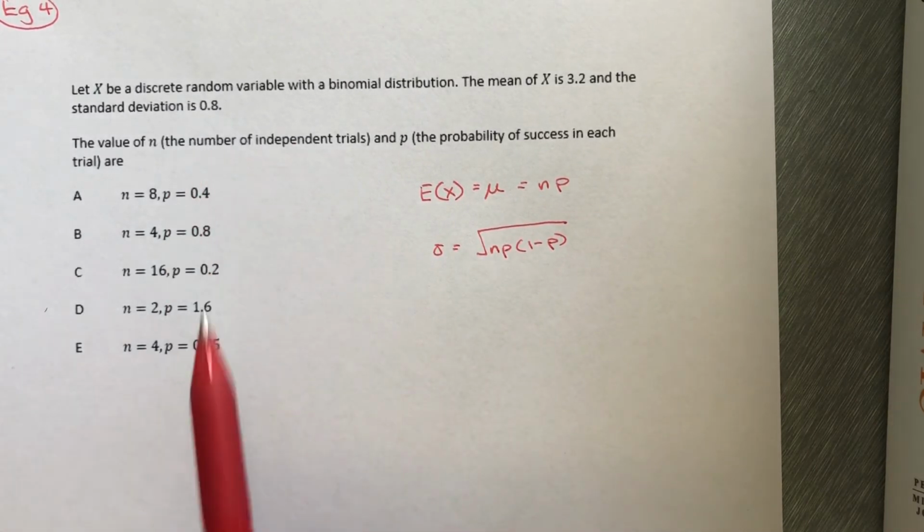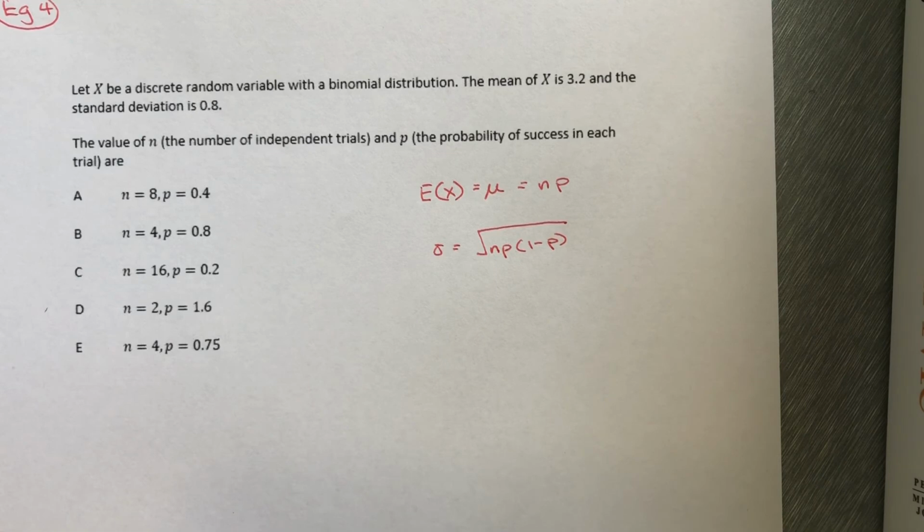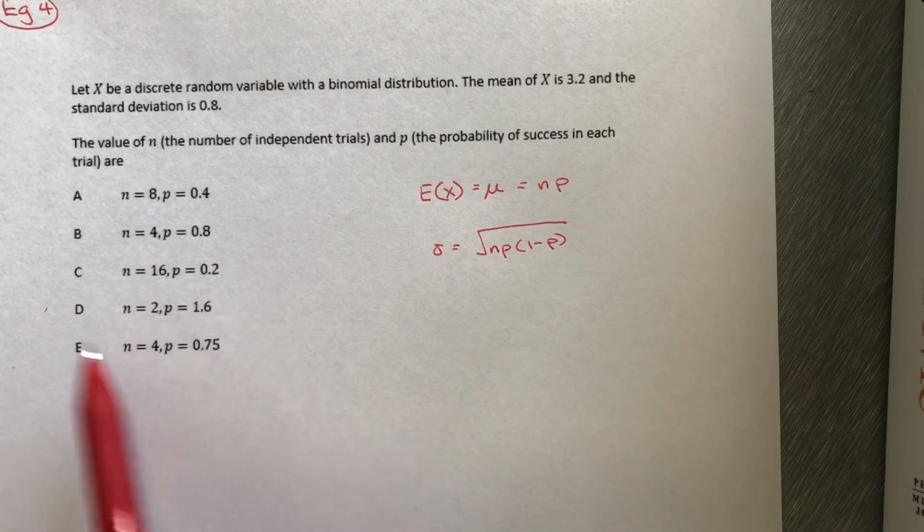All right. Now we're going to use these two rules to help us out here. Let's read through the question. Let x be a discrete random variable with a binomial distribution. The mean of x is 3.2 and the standard deviation is 0.8. The value of n, the number of independent trials, and p, the probability of success in each trial are. All right, so we need to find n and p, and these are the possibilities that we've got.